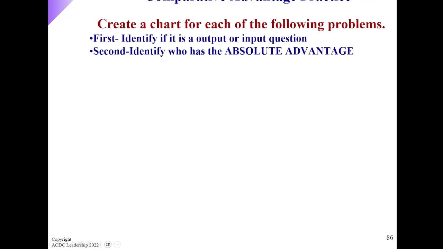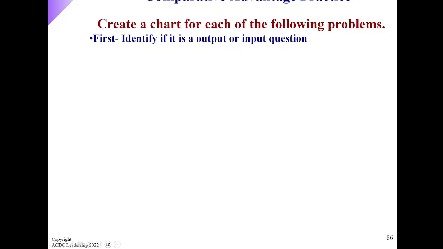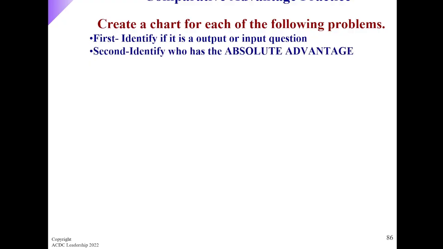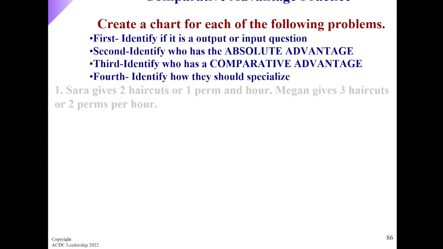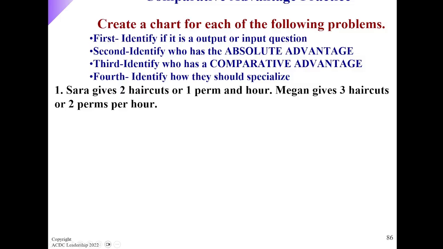So let's create a chart with comparative advantage. What we'll do is identify if it's an input or output question, who has the absolute advantage, and then who has the comparative advantage, and identify which one they should specialize in. So Sarah gives 2 haircuts or 1 perm an hour, and Megan gives 3 haircuts or 2 perms per hour.